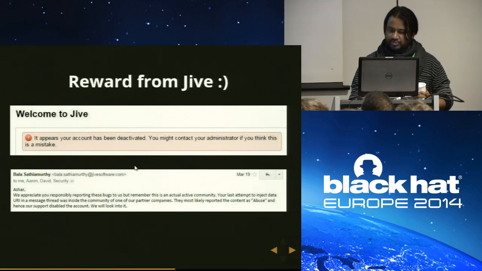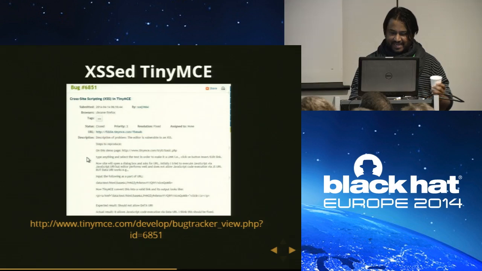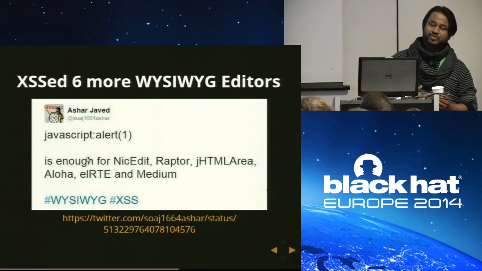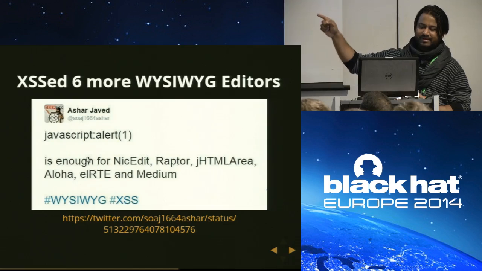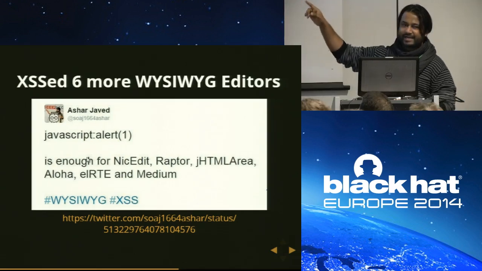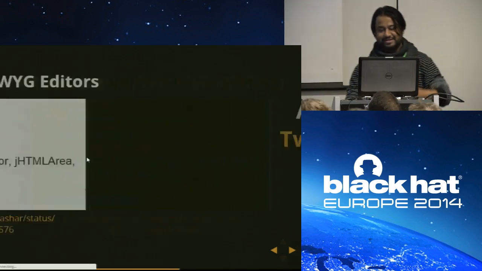So this was the reward from Jive: they deactivated my account. XSS TinyMCE. Then I tweeted, instead of having so many slides. JavaScript alert 1 is enough for Nicedit, Raptor, JSHTMLArea. Basically, in one tweet, I XSSed 6 WYSIWYG editors. So 6 more. These are not old ones, these are new ones.